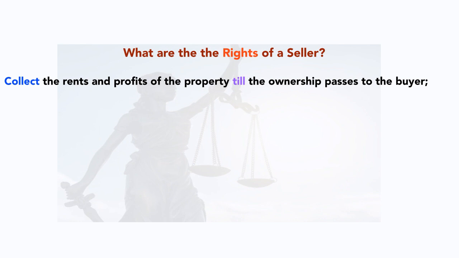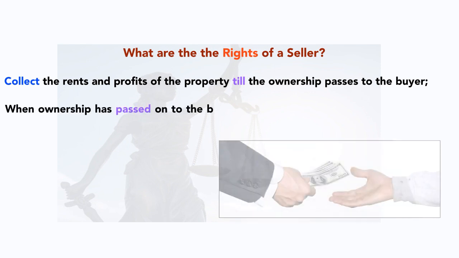If you want to sell your apartment and it is on rent, then until the registry is done and you have received all the amount discussed for that property, it is your right to take the rent. Once you have given the possession after receiving the total amount, you will lose this right, but until then it is your right to collect that rent.